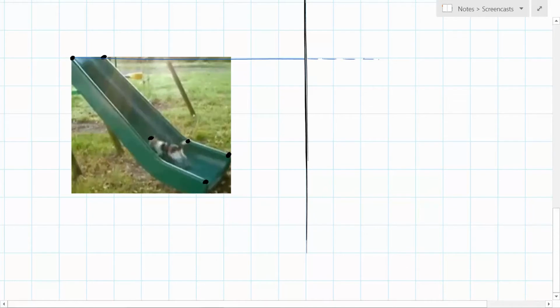We know that's going to have to get extended. So there's one. Draw this one. To there or so. And probably extend it would be a good idea.